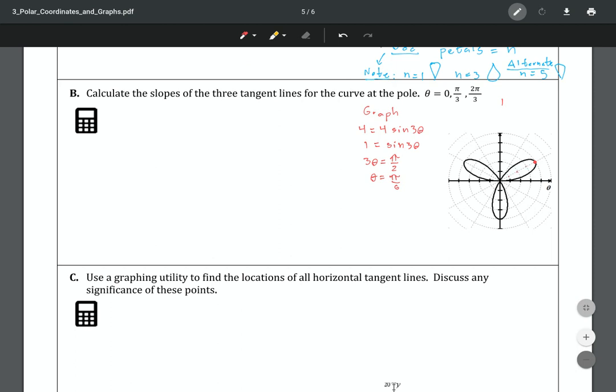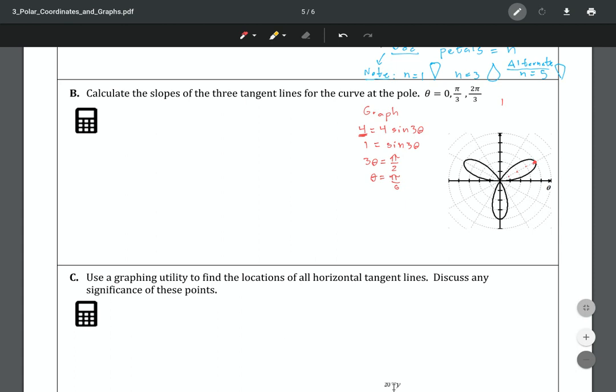So I know the length of that radius is going to be 4 right there. Then I set that equation equal to it and solve for theta. Divide by 4, figure out where sine of 3 theta is equal to 1, which in this case is pi over 6. So that gives me the location of the first petal, right?